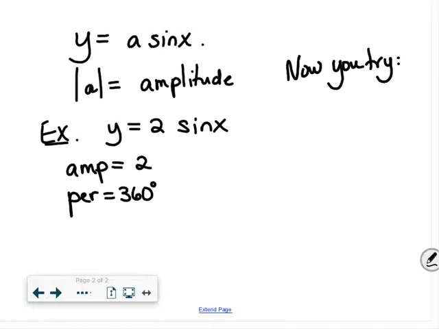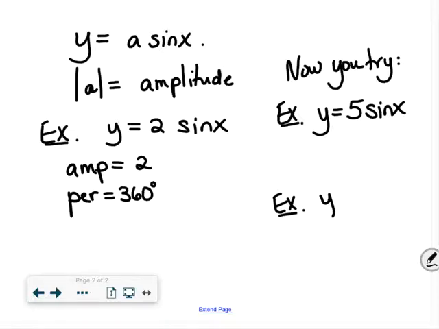All right, now I'm going to give you 2, and I want you to tell me the amplitude and the period. Pause the video after you have tried them. Okay, please pause the video and try it.